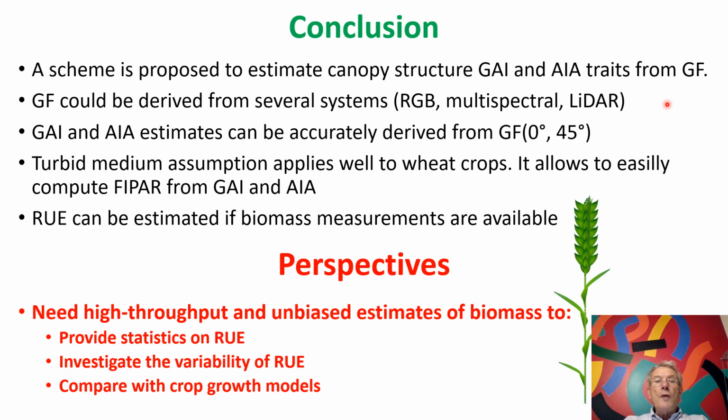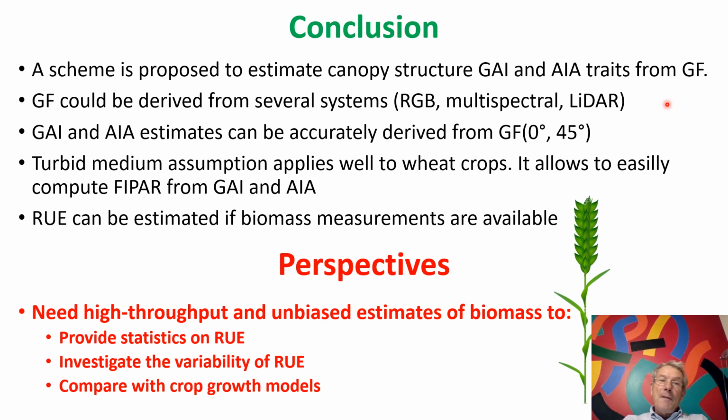We can also estimate the fraction of intercepted radiation using a turbid medium assumption that applies well to wheat crops, and from that estimate the radiation use efficiency if the biomass measurements are available.